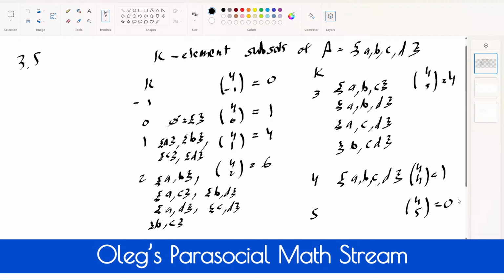It doesn't work that way. In this case, you would have to add additional elements. When we create subsets, you stop at the full set. You can't overflow the full set. Okay, so that was page 85.